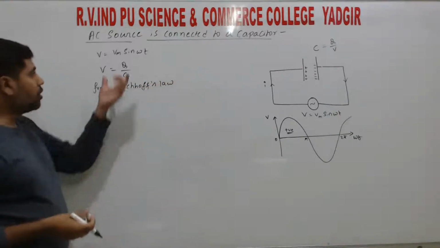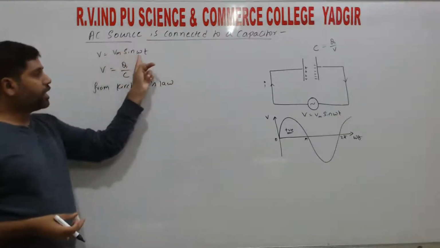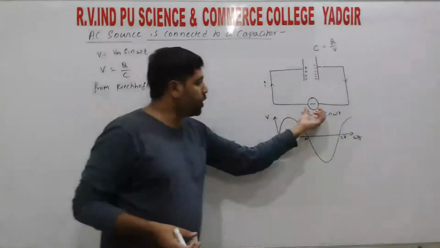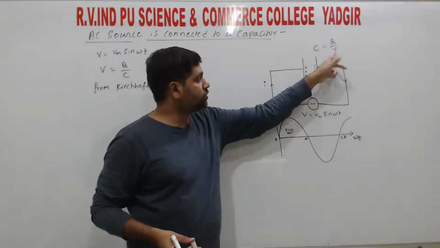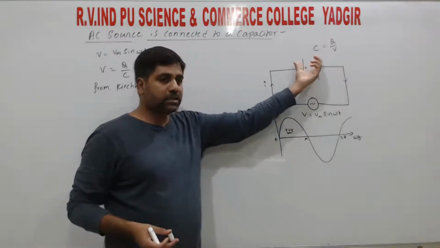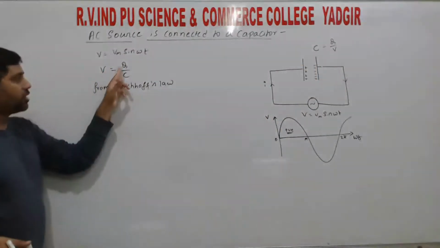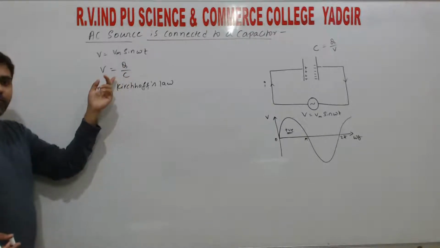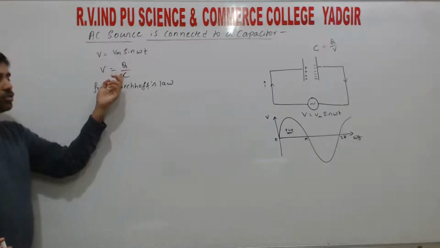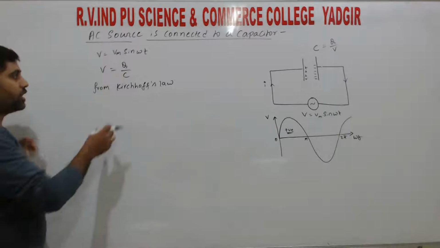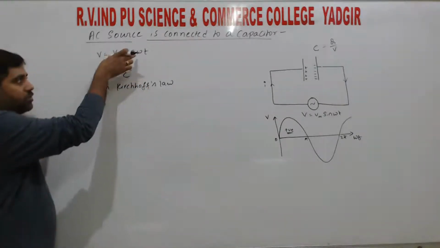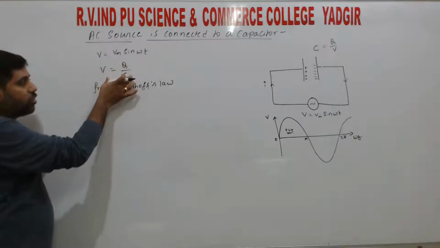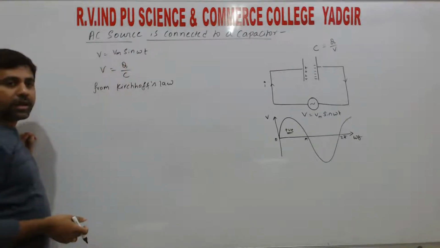this is the applied voltage, V equals Vm sin omega t, from the AC source, and the voltage across the capacitor C is V equals Q divided by C, from the formula of capacitance, C equals Q by V. From Kirchhoff's law, the voltage we applied equals the voltage across the capacitor.